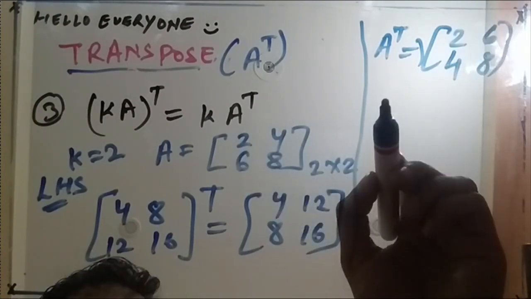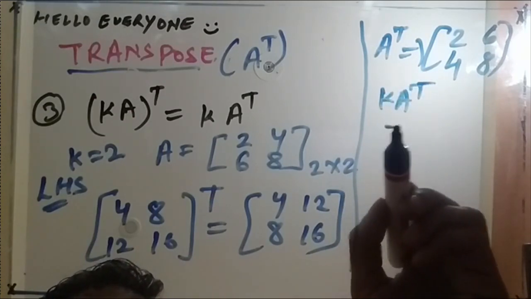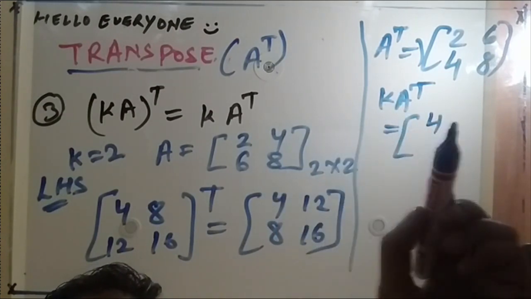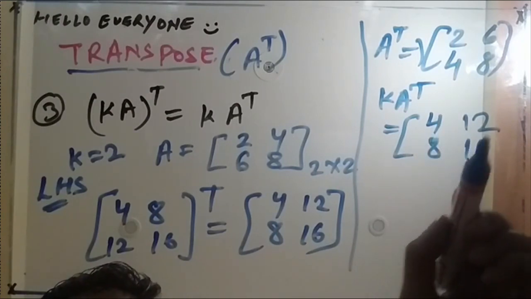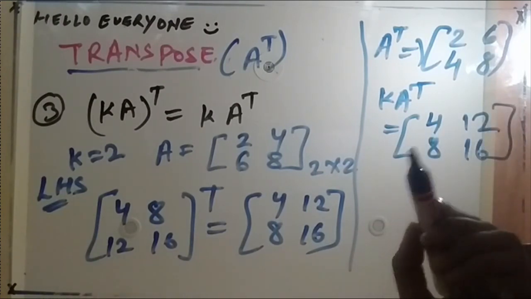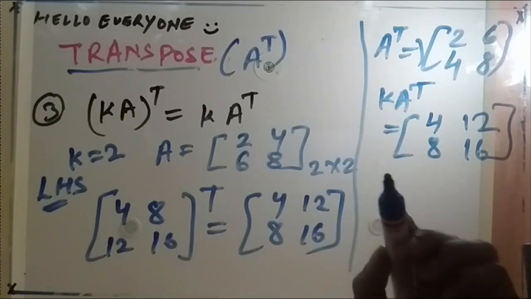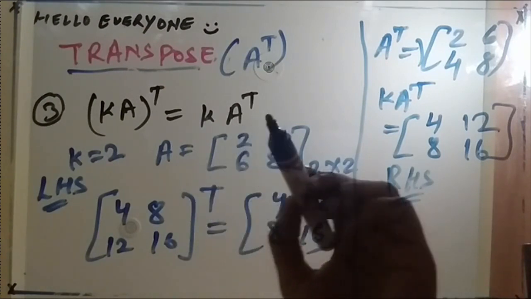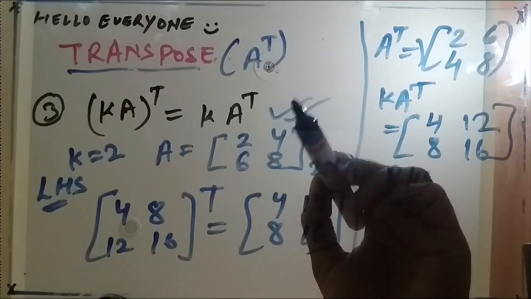Then we have to multiply K. So K A transpose will give 2 2s are 4, 2 6s are 12, 2 4s are 8, and 2 8s are 16. You can see here that RHS equals LHS. So this property works. Okay.